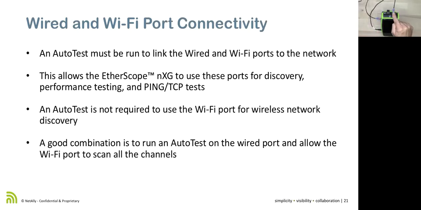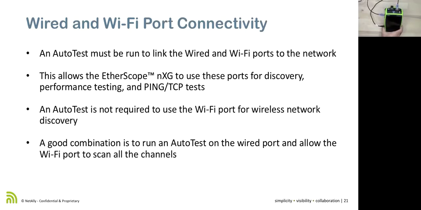The wired port, not necessarily. In fact, to connect the wired port, our wired test port up here, or our Wi-Fi port, to the network, we need to run an auto test first. So in this case, when I plug this in, it goes out, gets an address, connects up, away we go. Up here, this port does not link to the network until we run an auto test on it.